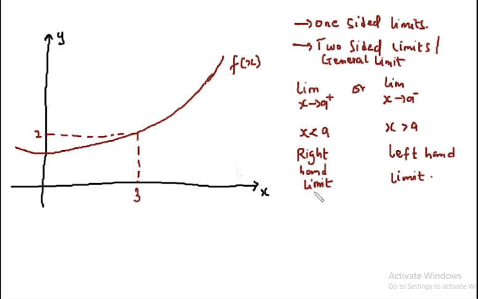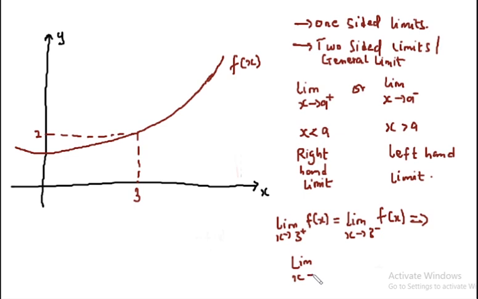So since we know that the left-hand side limit is equal to the right-hand side limit, that means that the limit as x approaches 3 from the right side of f of x is also equal to the limit as x approaches 3 from the left side of f of x. So this implies that the limit as x approaches 3 of f of x is still 2.